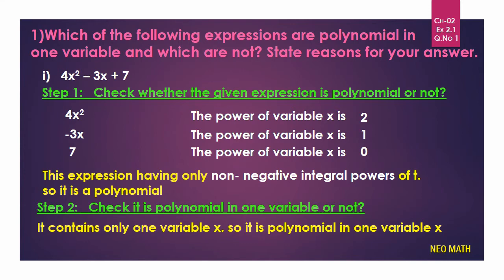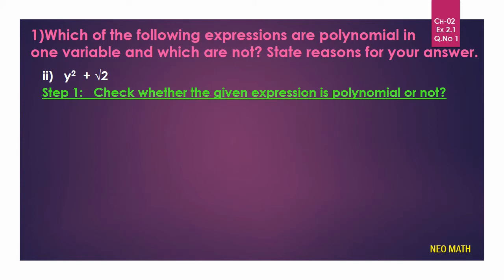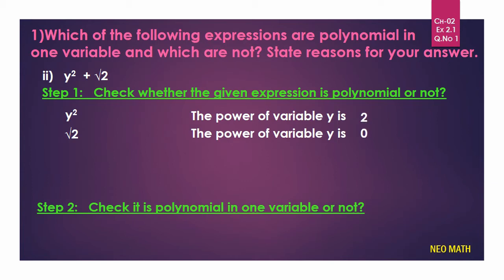Second part, y square plus root 2. Again, step 1, check whether the given expression is polynomial or not, and if it is polynomial, then go to step 2, check it is polynomial in one variable or not. Here we have two terms, y square and root 2. The power of variable y in the first term is 2, the power of variable y in the second term is 0.